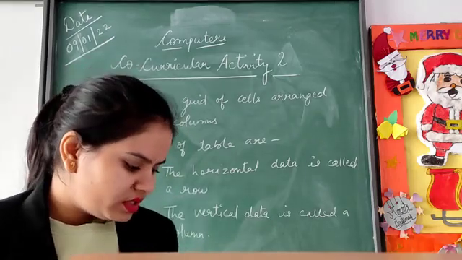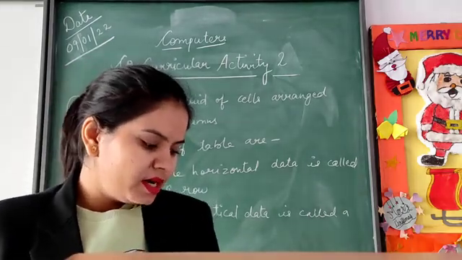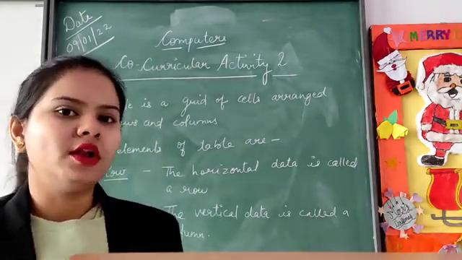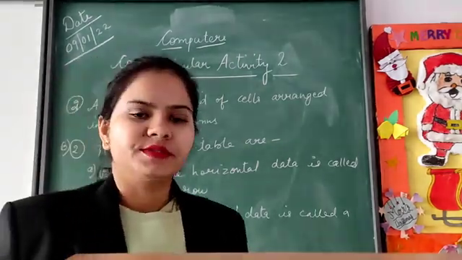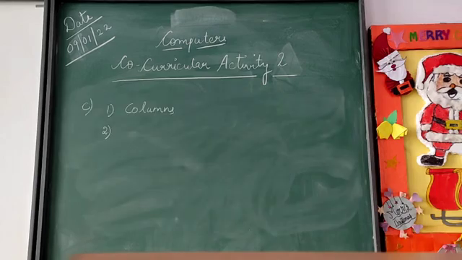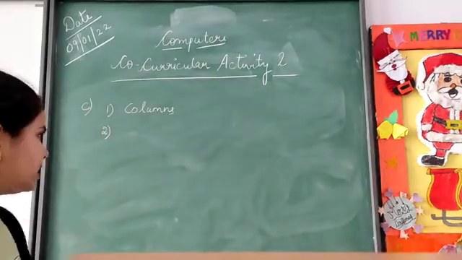Now moving on towards the fill in the blanks. Table consists of grid of rows and columns. Answer is columns. PowerPoint consists of many slides.